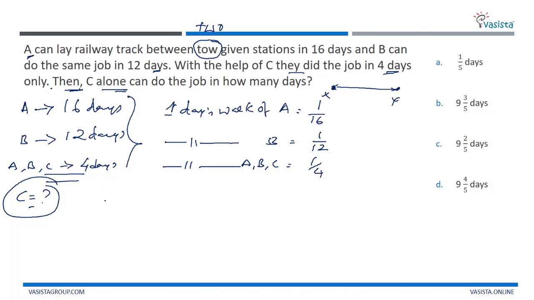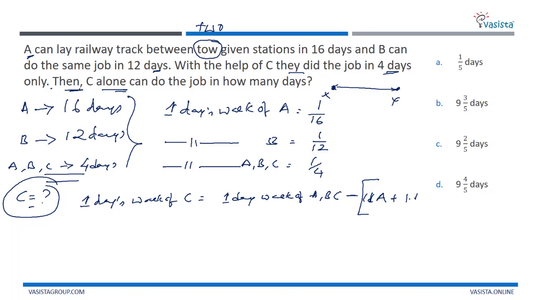Now let us check out 1 day's work of C. 1 day's work of C is equal to 1 day's work of A, B, C minus 1 day's work of A plus 1 day's work of B, correct.